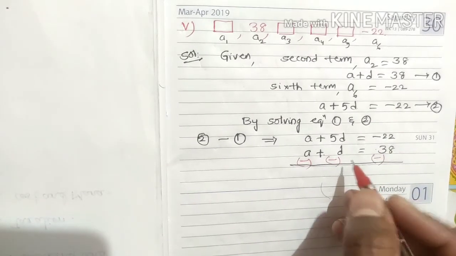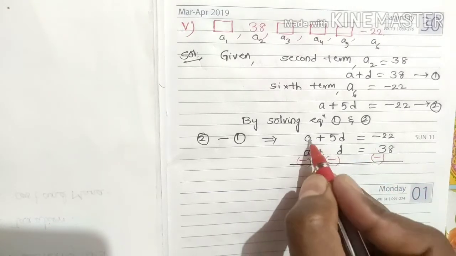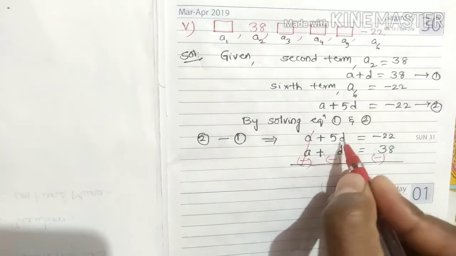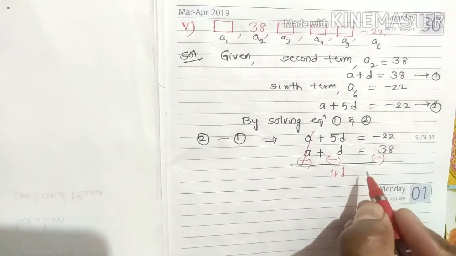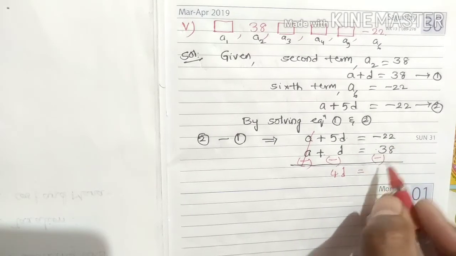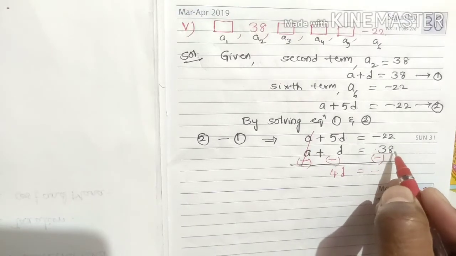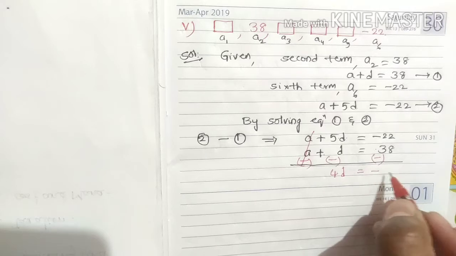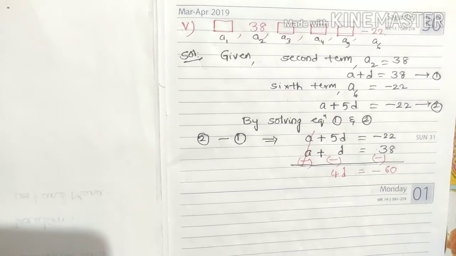After changing the signs, don't mind the old symbols, you have to mind only the new symbols. A minus A will be 0. 5D minus 1D is 4D equals minus 22 minus 38. Both are negative, so you will get a negative answer. Same signs are there, add the numbers, 38 plus 22 is 60. So 4D equals minus 60 you got.